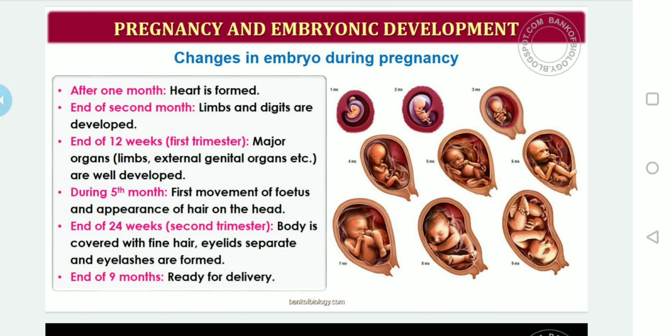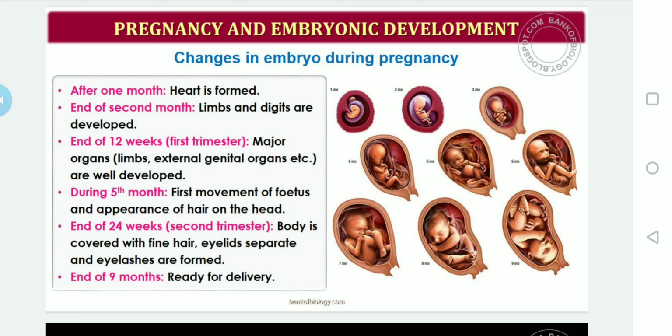Generally the first movement and hairs on the head are usually observed during the 5th month. Until then, the growing fetus will not show any type of movements. The first movement will be identified during the 5th month.